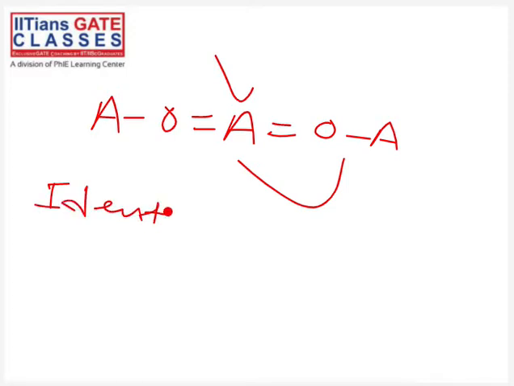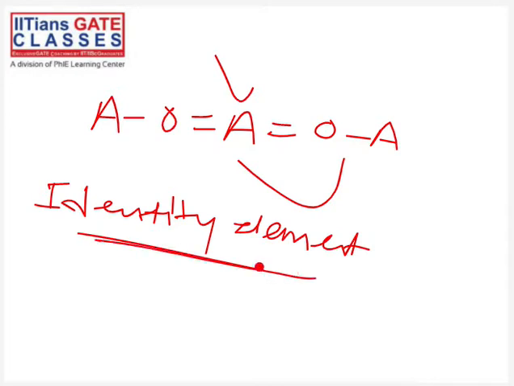Whenever we say identity element for some operation, let's define it formally. Let's assume you have some operation star. Star is some operation, this could be any operation. And if we are saying that e is identity element for star operation, then what should happen?